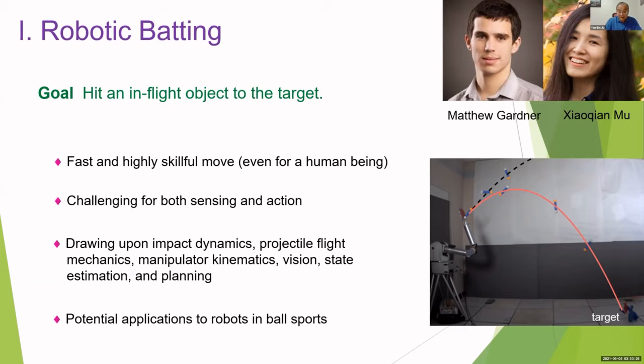It also challenges sensing and action because of the short time frame. We like it because it intersects impact dynamics, aerodynamics, manipulator kinematics, computer vision, state estimation, and also planning. So there are a lot of potential applications, especially to robots in blind spots.